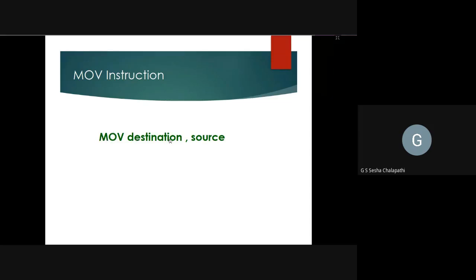When you say move destination comma source, the data present at the source will be moved into the destination. The source value will remain the same, whereas the data present in the destination will be overwritten by the source value.